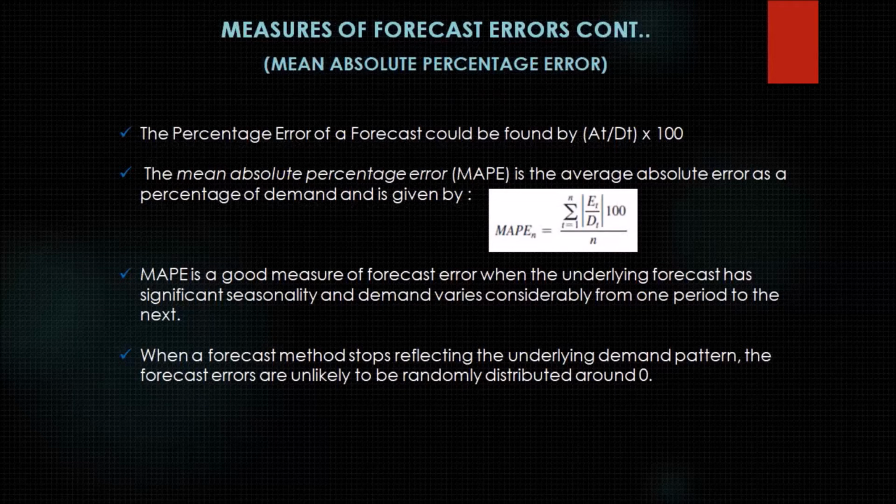MAPE is a good measure of forecast error when the underlying forecast has significant seasonality and demand varies considerably from one period to the next. When a forecast method stops reflecting the underlying demand pattern, the forecast errors are unlikely to be randomly distributed around zero.